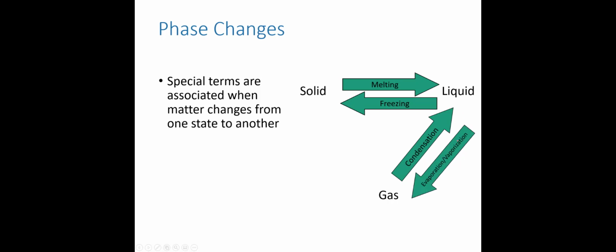There's actually 3 words here we could use. Vaporization is very general and very generic, and probably the best term to use. It just means liquid to gas, and that's it. Evaporation means that a liquid is changing to a gas, but it doesn't have to be at its boiling temperature.